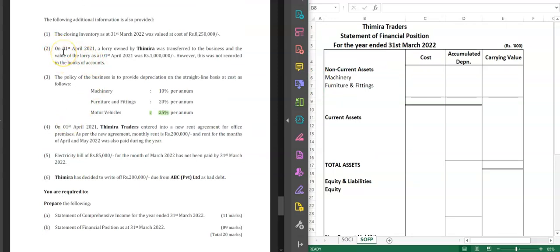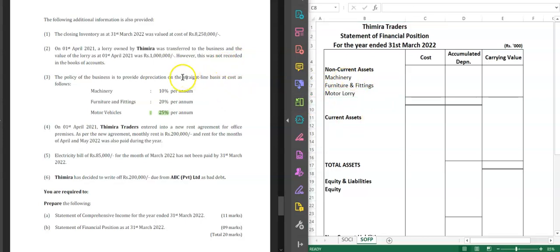They are telling that on 1st April 2021 a lorry owned by Timira was transferred. That means he had the lorry for his personal use. Now he is transferring that lorry from his personal usage to the business. So when he transfers that, you have to include that non-current asset in your statement of financial position, that means in your books of accounts. So let us include that also here: motor lorry.